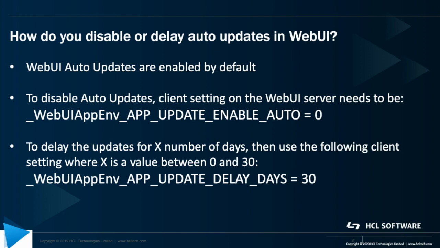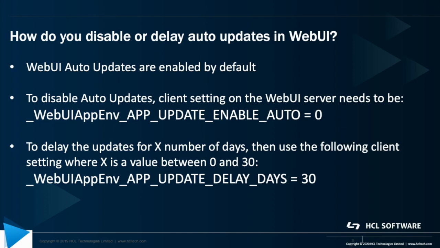The name of the client setting is _WebUI_AppEnv_AppUpdate_EnableAuto. And you need to set this client setting to 0. If you want to undo this change and go back to enabling auto updates, then you will set this client setting to 1. But for the purposes of this demonstration, we will set it to 0.